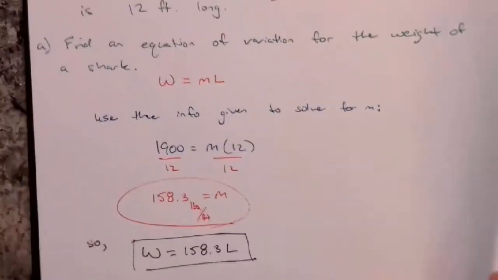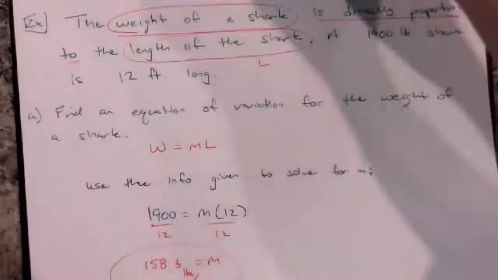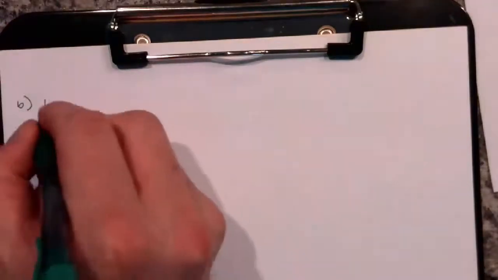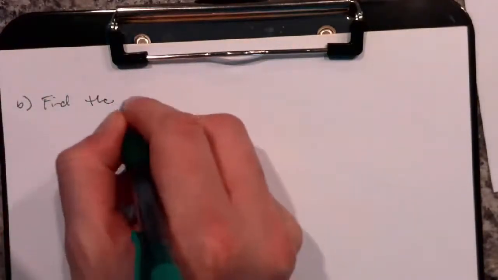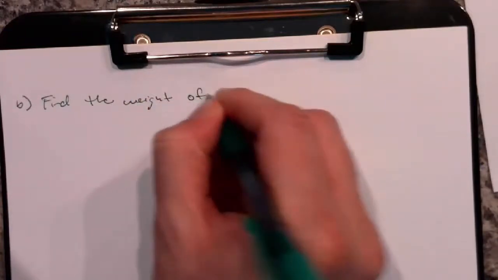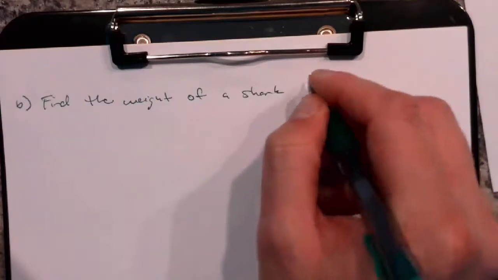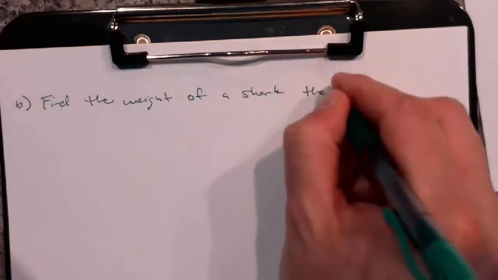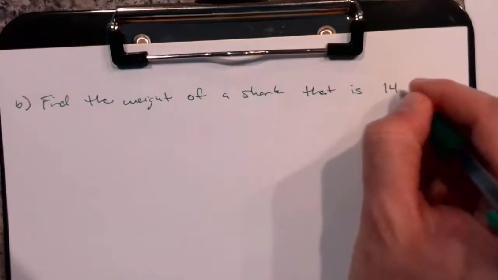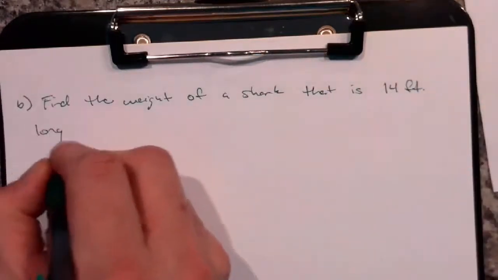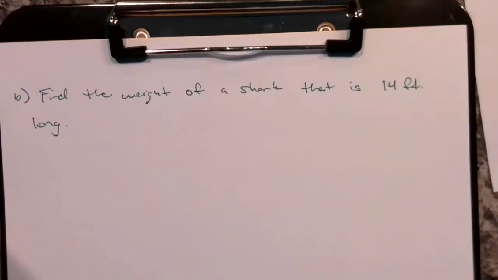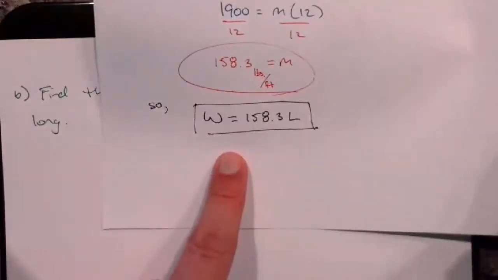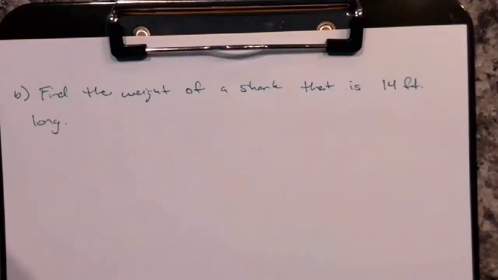Let's take a look at just using this. If I was to find the weight of a shark that is 14 feet long, well, to do that, we're just going to use the equation we found: w equals 158.3 L. And what do we know?